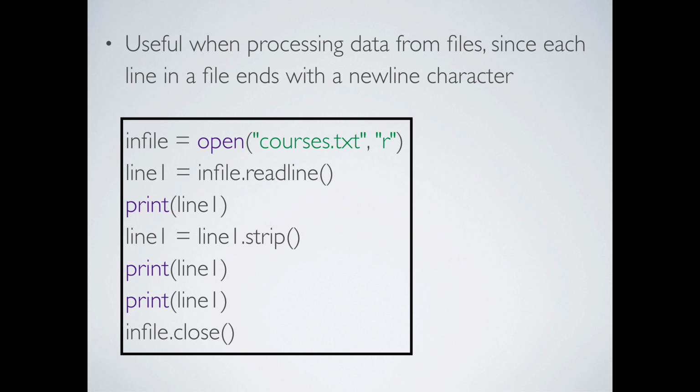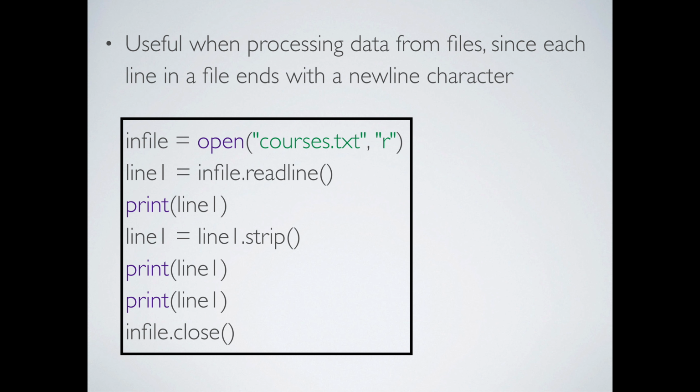You'll see here, this first line, line1 equals infile.readline, and then we print line1. Because the courses.txt file already has new line characters at the end of each line, when we first print it, this will have an extra white space: one new line character from the string itself as it's read from the file, and one new line character from the print statement.